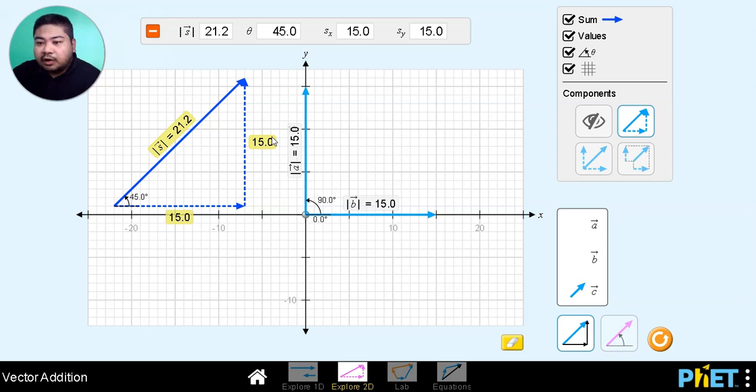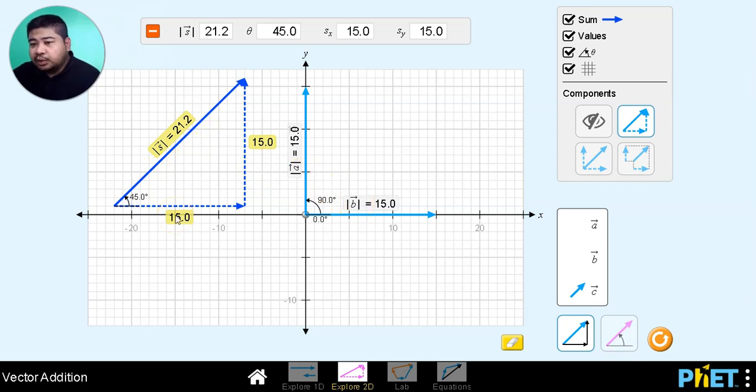The magnitude of the resultant vector is 21.2, which is the length of the hypotenuse. When you add two vectors that are perpendicular, the result of the sum is going to be a vector that has a length of 21.2, and currently it is pointing at 45 degrees from the horizontal. So this is the vector A plus B.